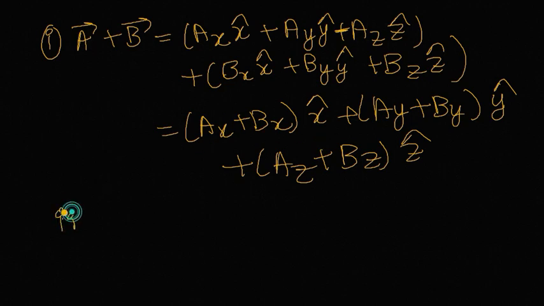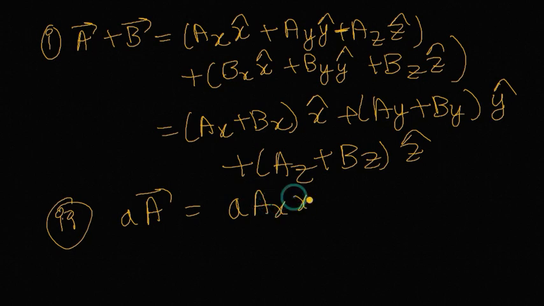And there is another rule that if we multiply a vector by a scalar, that becomes multiplied by each component, that Ax x cap plus Ay y cap plus Az z cap.